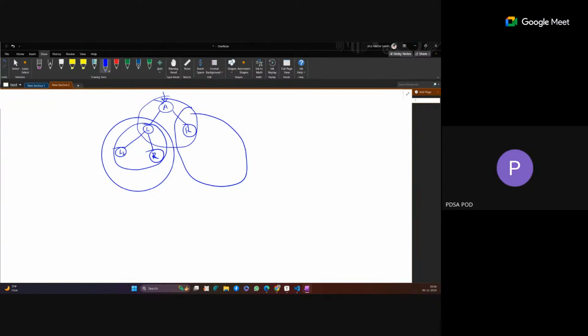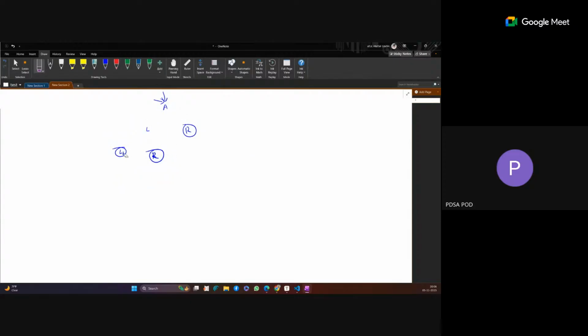But here the problem is, with only this definition, suppose we are getting some data to insert into our binary search tree, and the order is like this: 10, 12, 15, 20, 30, 50. Suppose we have these elements and we create a binary search tree for this sequence, getting the elements one by one and inserting them.